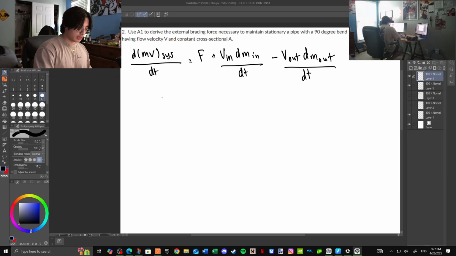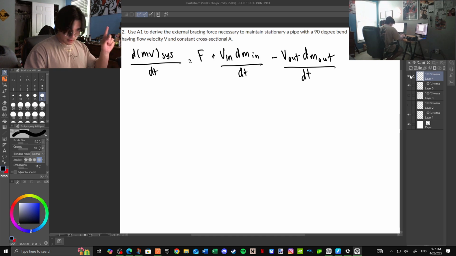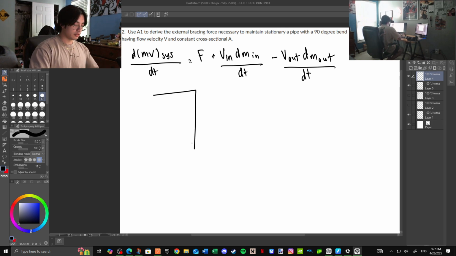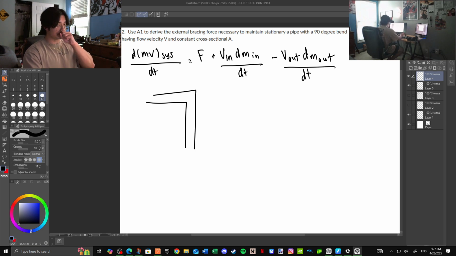In this problem we have a flow system, right? So in this problem we have a stationary pipe with a 90-degree bend, and we need to find the external bracing force necessary to maintain this pipe that has a flow velocity and a cross-sectional area.